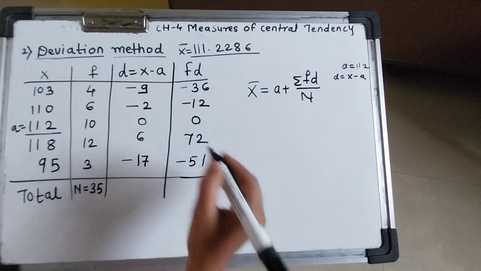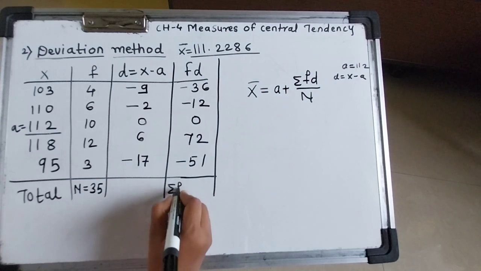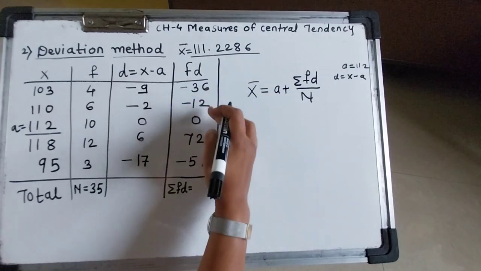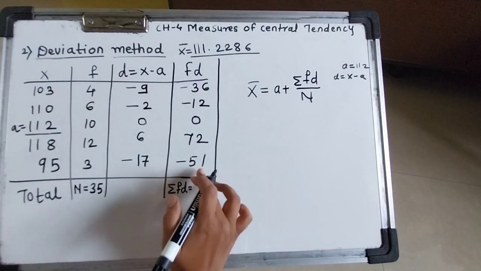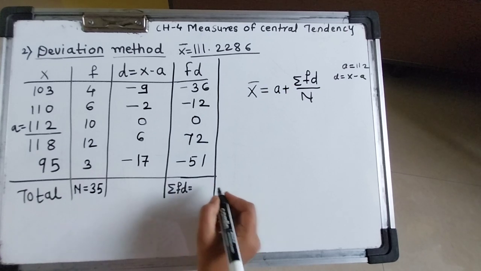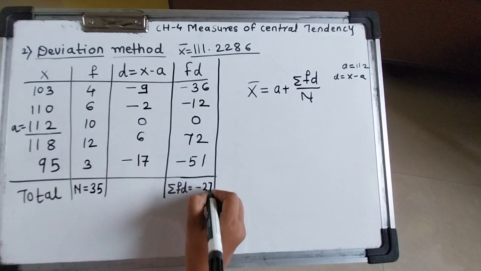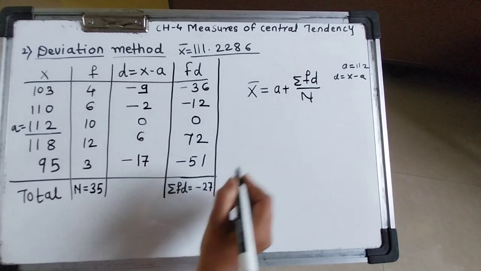See in the formula what we require. We require summation FD. So find summation FD. Put all values in the calculator. Minus 36 plus minus 12 plus 72 minus 51. So it is minus 27. Put all values in the formula.